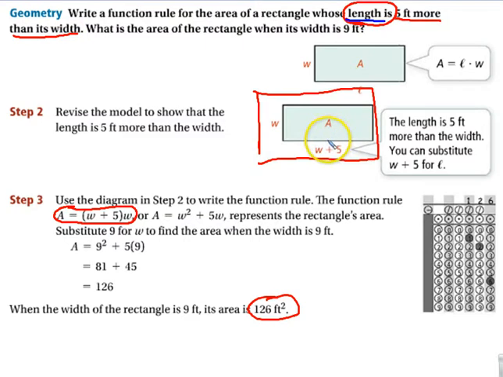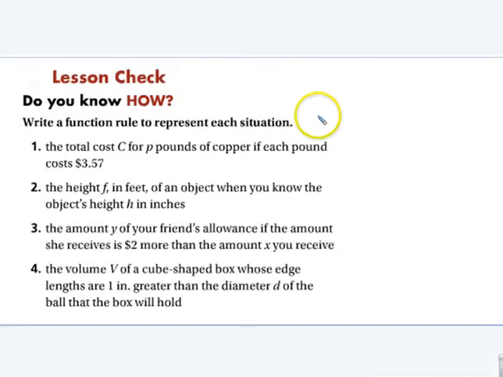The next slide is the check. Here are 4 practice problems that you can work on, and other than that, that's this section.